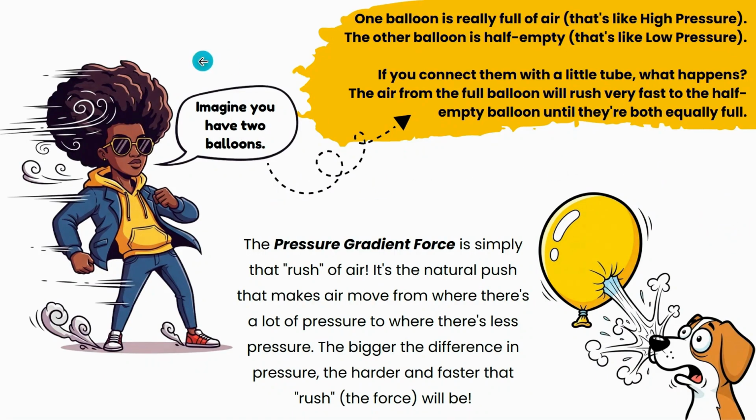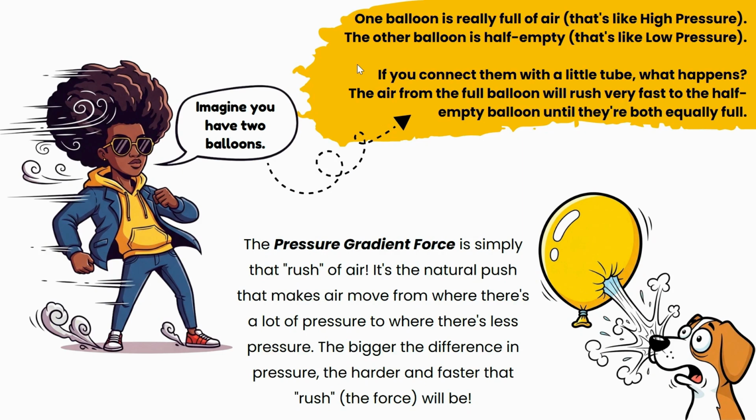So, to explain this further, imagine you have two balloons. One balloon is really full of air, that's like the high pressure, and the other balloon is half empty, which is like a low pressure system. If you connect them with a little tube, what will happen?